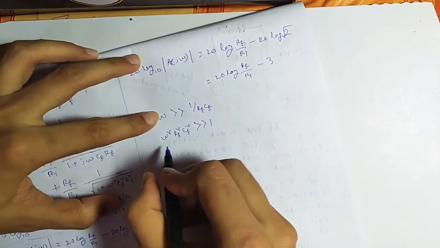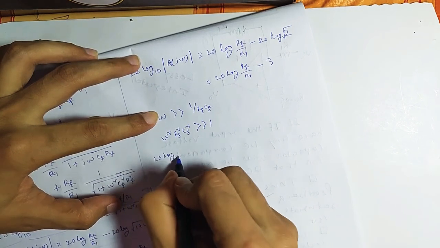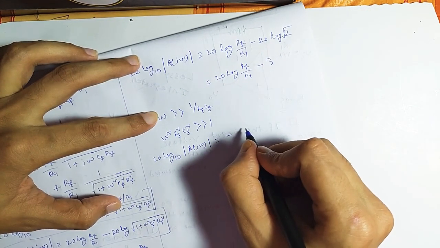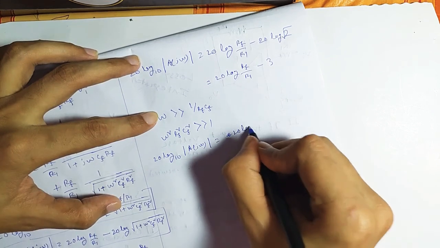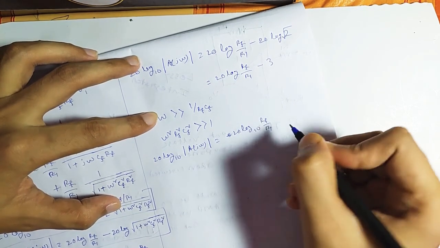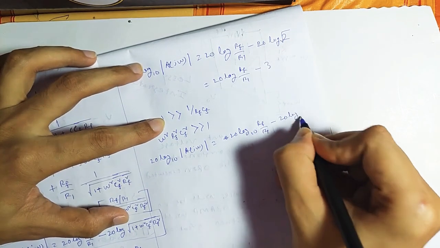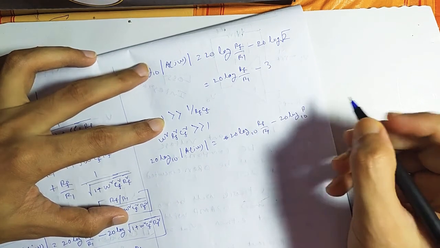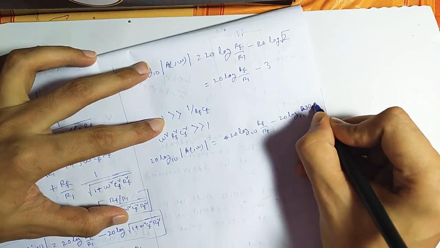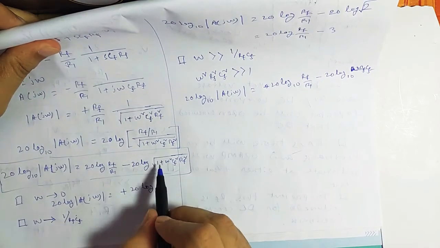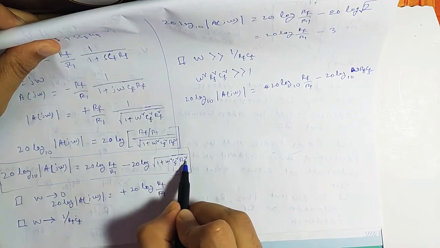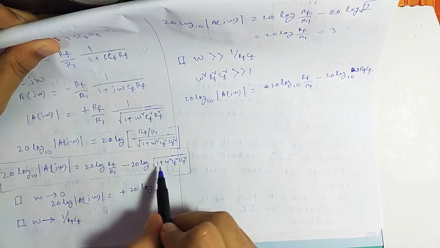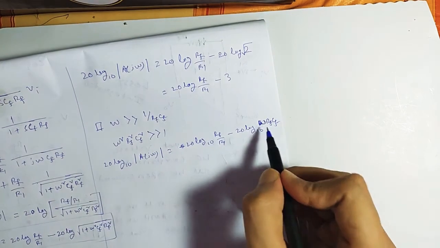As a result, the gain will be root over omega square Rf square Cf square, which is omega Rf into Cf.